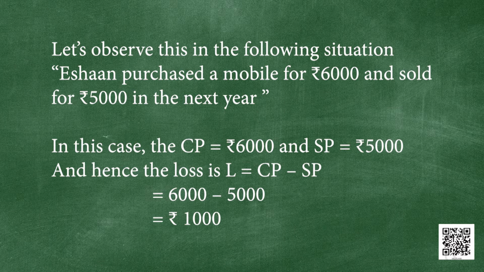In this case, the cost price is Rs 6,000 and selling price is equal to Rs 5,000, and hence the loss is L is equal to cost price minus selling price, which is equal to 6,000 minus 5,000, which is equal to Rs 1,000. So, Ishan had a loss of Rs 1,000.